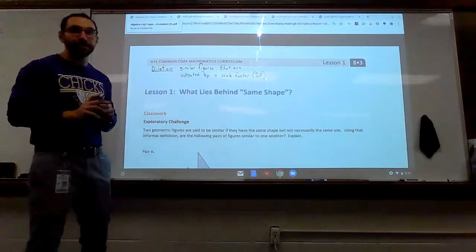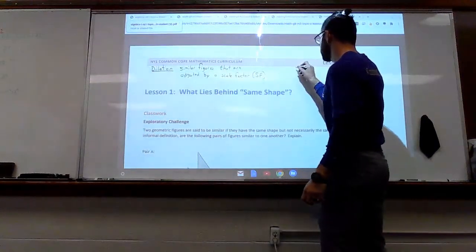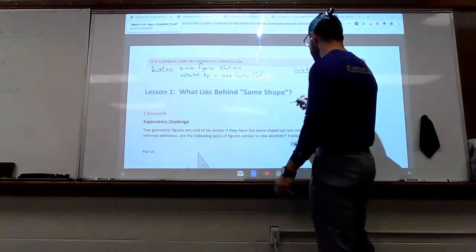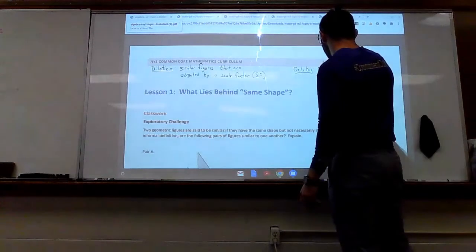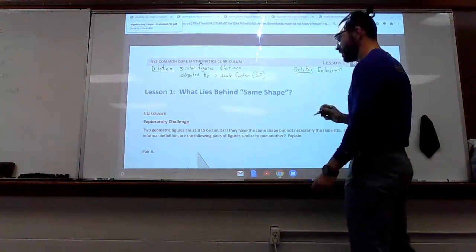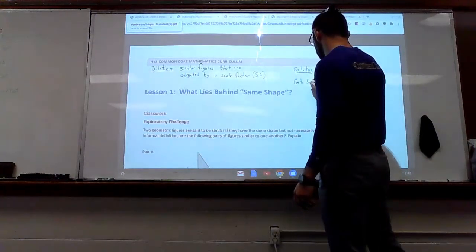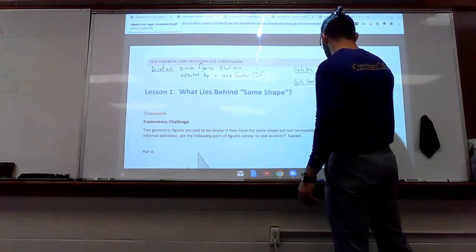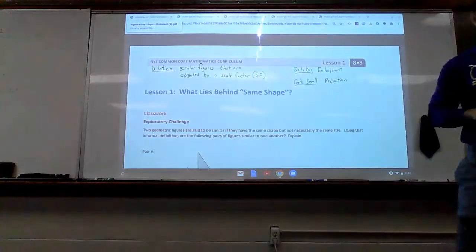And we have two different types of dilations. And I'm going to try to make it easy. If something gets bigger, it is called an enlargement. And if it gets smaller, it is called a reduction because we're reducing the size.